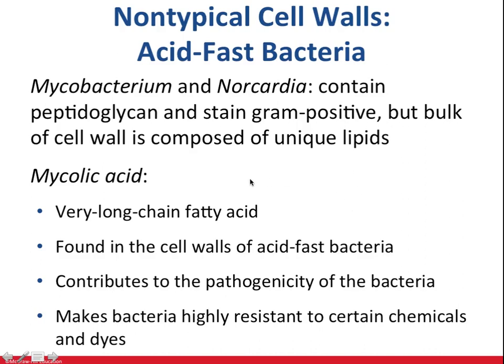The lipid is called mycolic acid. Mycolic acid is a very long chain fatty acid found in the cell wall of acid-fast bacteria, and it contributes to the pathogenicity of bacteria, for example tuberculosis.